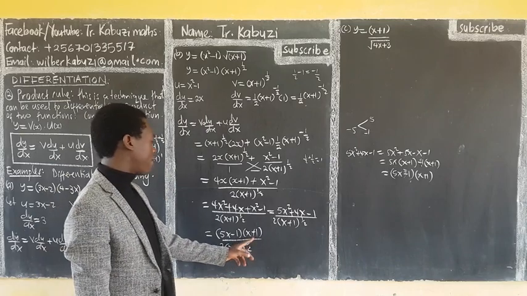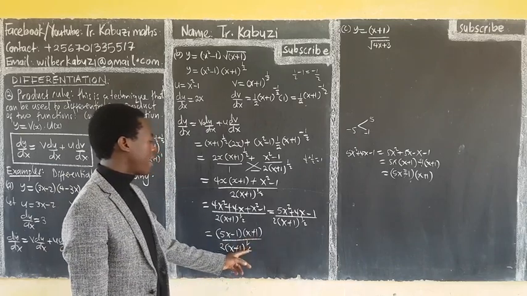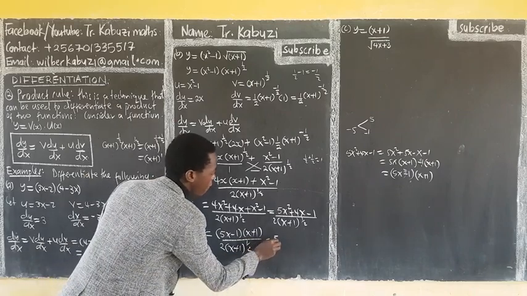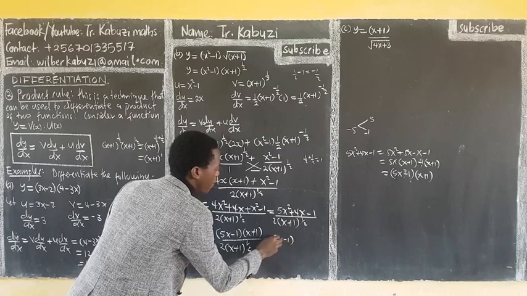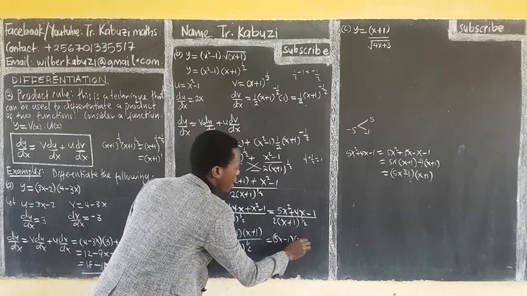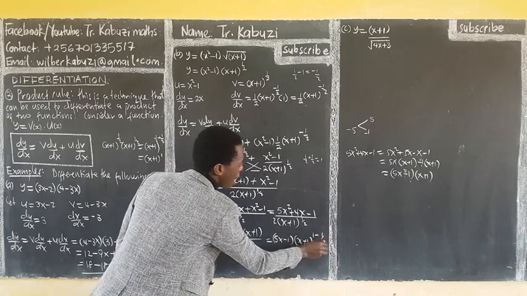Now we have to simplify this further. This and this are the same base. If you divide numbers of the same base, you subtract the powers. This will be 5x minus 1, then you get x plus 1 into 1 now minus this a half.